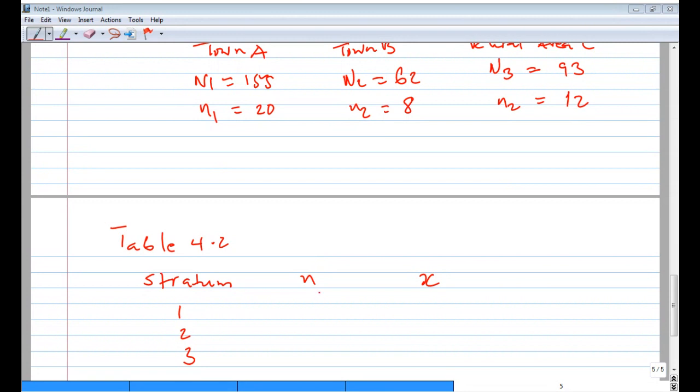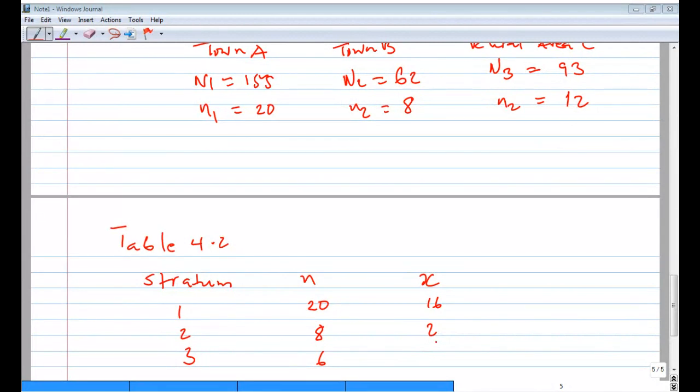So sample size for stratum number 1 is 20. Number 2 is 8. Stratum 3 is 6. So the number of households viewing show X for stratum number 1 is 16. Stratum number 2, there are only 2.